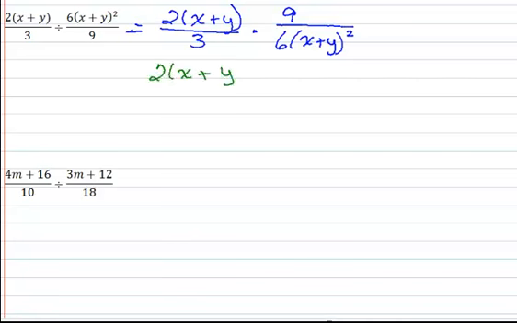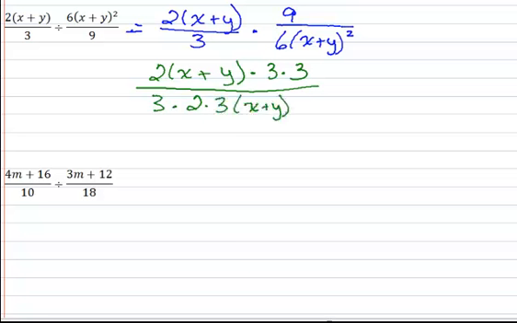And now we're just going to go ahead and put all the numerators into most factored form. And 6, of course, is 2 times 3. And x plus y squared is x plus y times x plus y. This makes it nice and easy to see. And then anything that's the same.